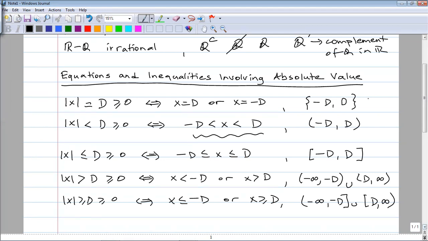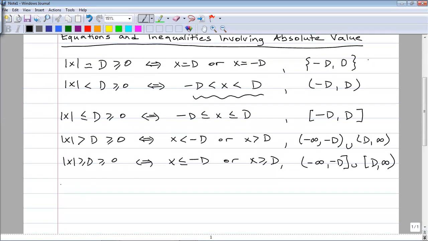For example, if you're asked to solve, let's say, absolute value of 8 minus 3s equal to 9, then this means 8 minus 3s is plus or minus 9.